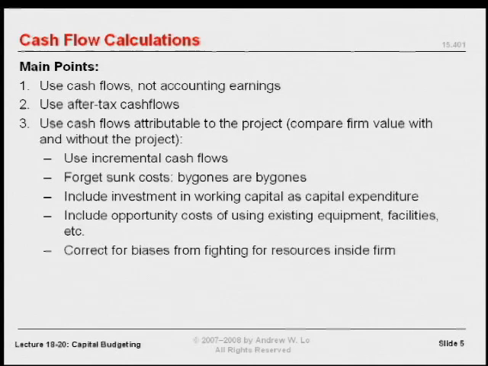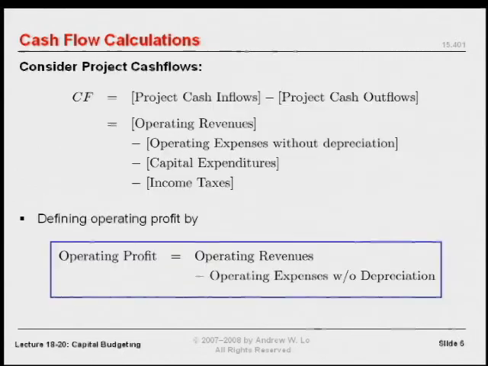Okay, so I'm going to go through a few of these now, and then I'm going to talk about the point that I started with earlier, which is I want to show you some techniques for capital budgeting that are incorrect and how they relate to the NPV rule. Let me tell you a little bit more about accounting earnings versus cash flows. Cash flows are what you need to use for calculating NPV, because in the end, what matters is the cash that you get, not the accounting profits that may or may not be realizable.